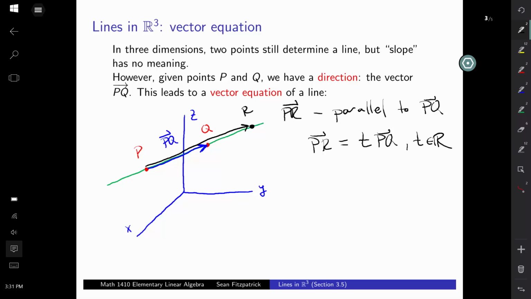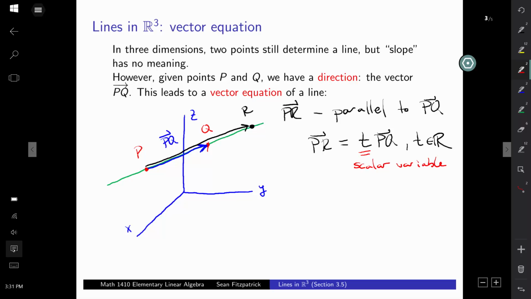If you think about this t as a variable, a sort of scalar variable, you can vary the value of t. If you make t bigger and bigger, you keep going further and further out along the line.